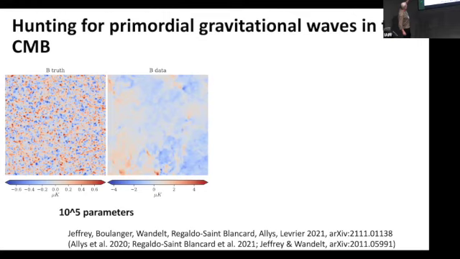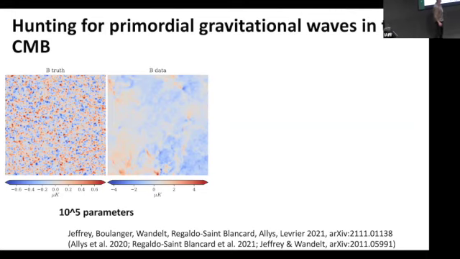If you're hunting for primordial gravitational waves in the cosmic microwave background, you're looking for the amplitude of primordial tensor modes. They show up in a particular mode of the polarization in the cosmic microwave background called B modes. So this is the truth.